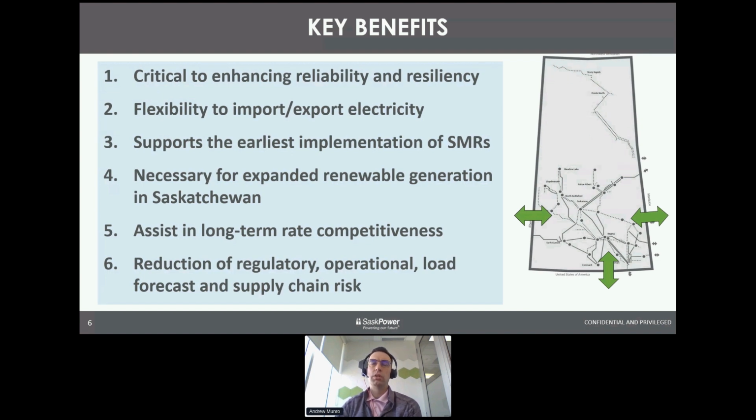And the rules around how you bought and sold electricity and how you scheduled the movement of it have changed within SaskPower, I think, for the better, in that historically you'd need to schedule the transmission, the flow of energy, on an hourly basis. So for each hour during the day, the 24 hours during the day, they would have to nominate how much energy would flow from one place to another.